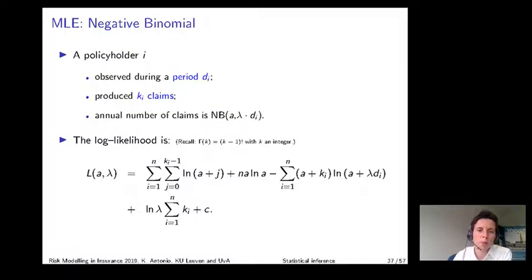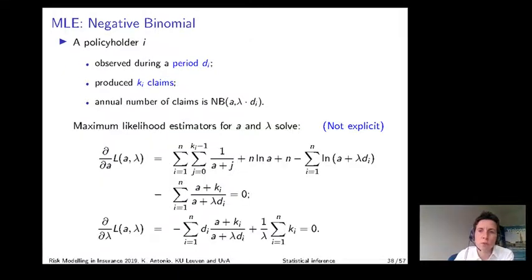Now, things become a bit more complicated when you work with the negative binomial distribution. So again, you're going to write down the log likelihood starting from the probability function of the negative binomial. Now you see that two parameters matter. There's a parameter a and a parameter lambda. So you want to optimize this log likelihood function over the unknown parameters a and lambda.